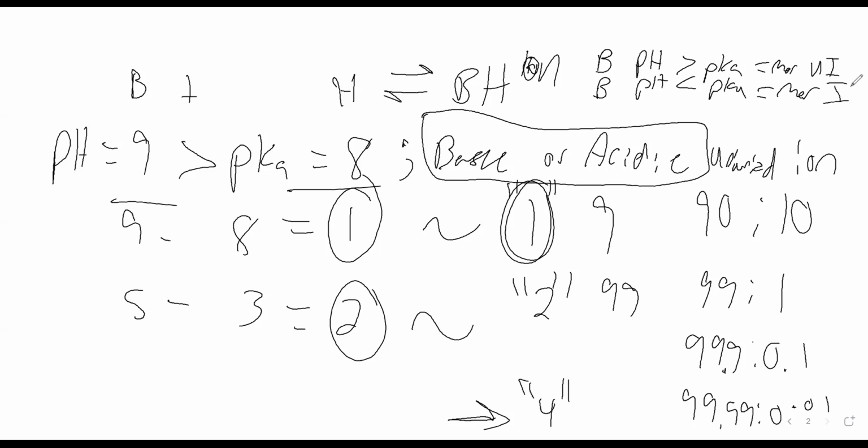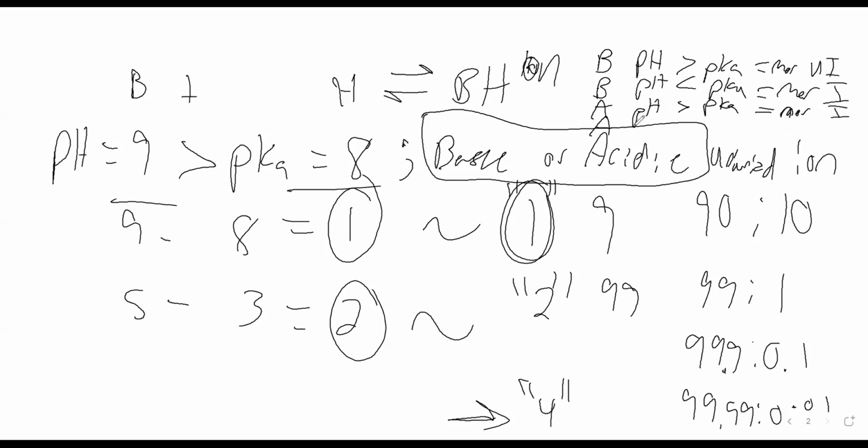This is applied exactly as the reverse with acidic molecules. So if you have an acidic molecule where the pH is greater than the pKa, you're going to see mostly ionized.